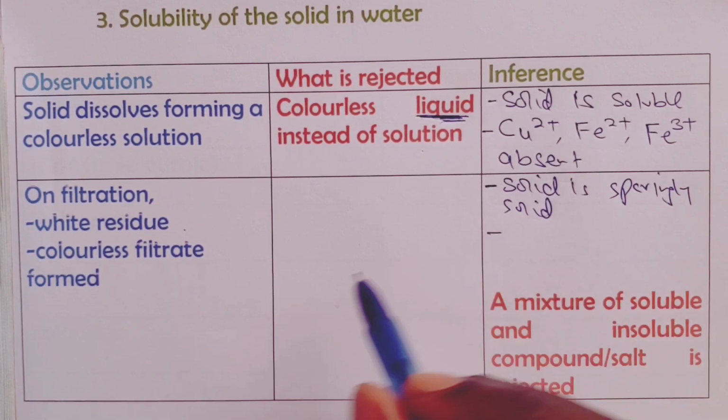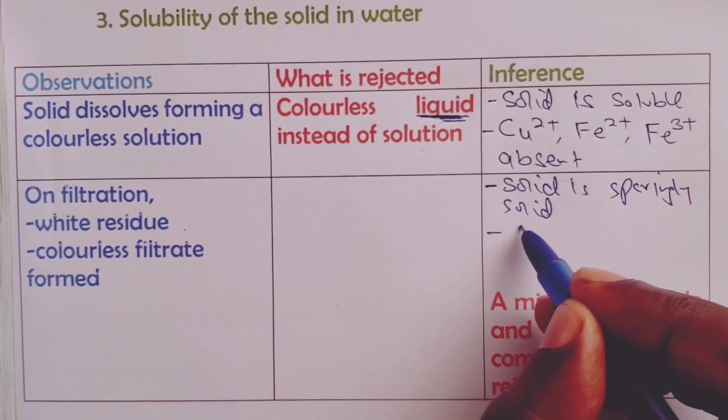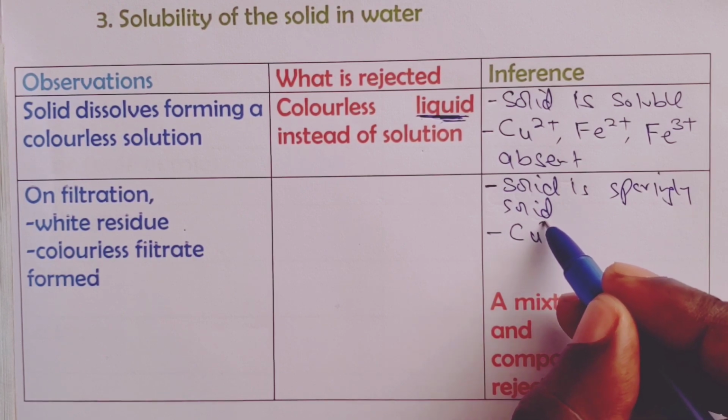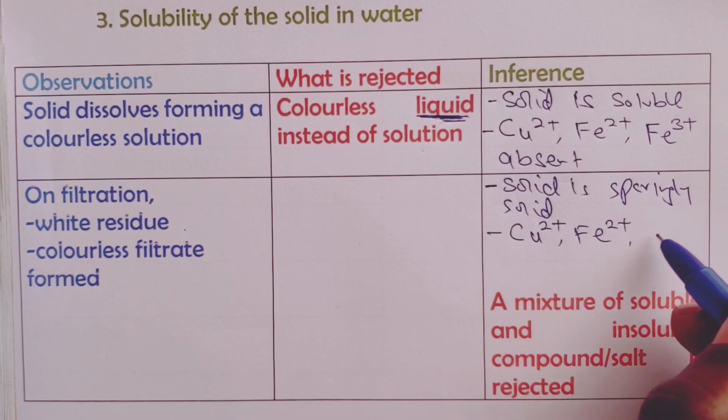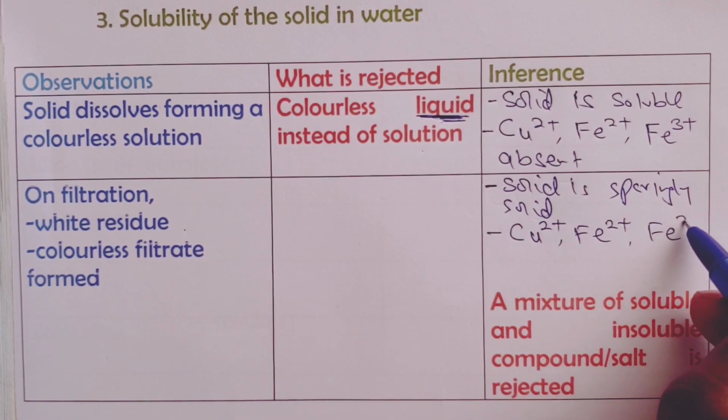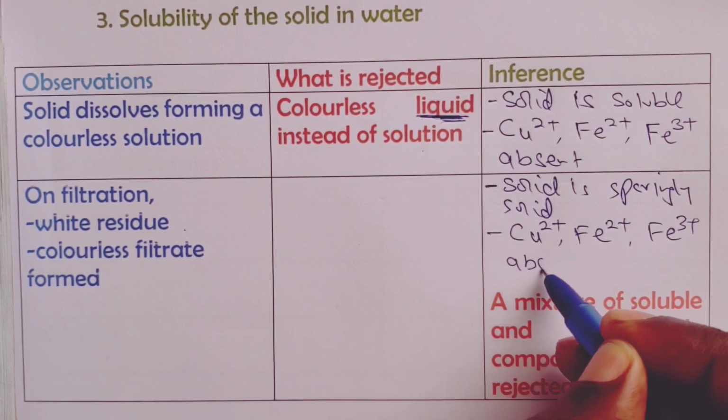Or, because we are forming a colorless filtrate, we can also conclude that copper ions, iron 2 ions, and iron 3 ions are absent.